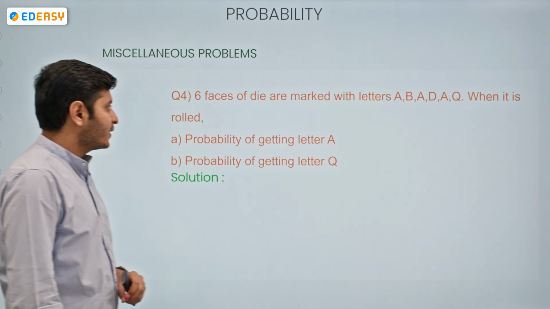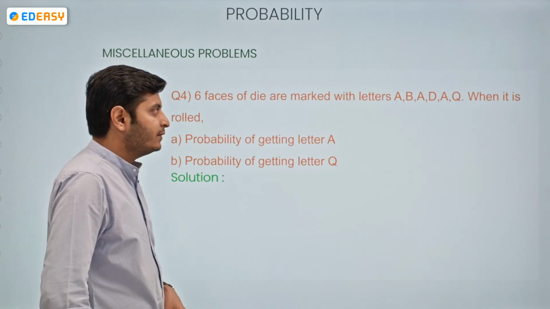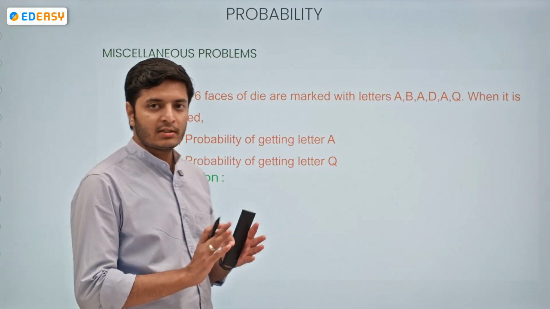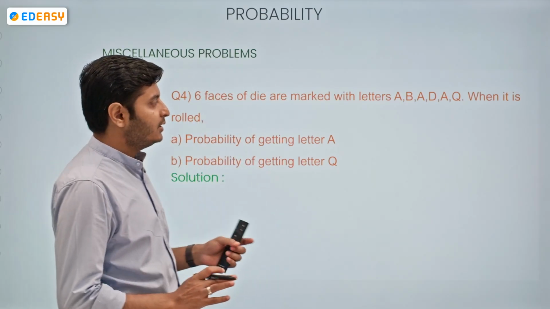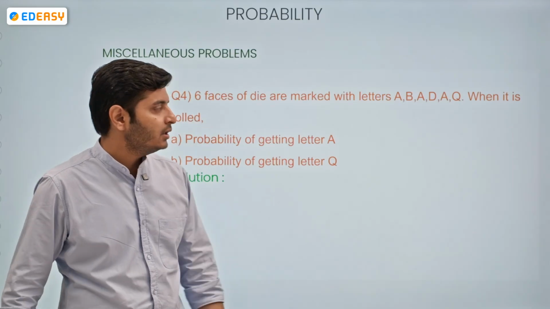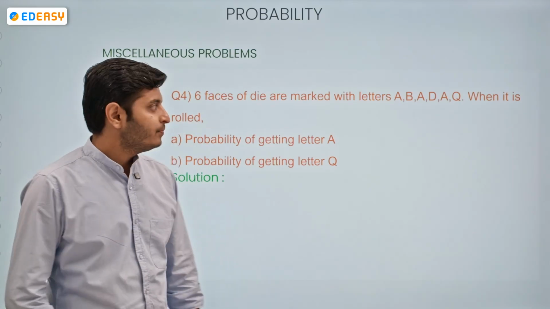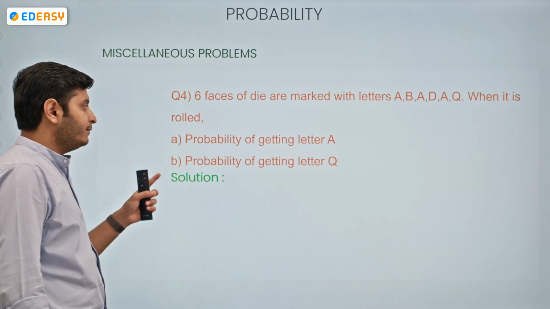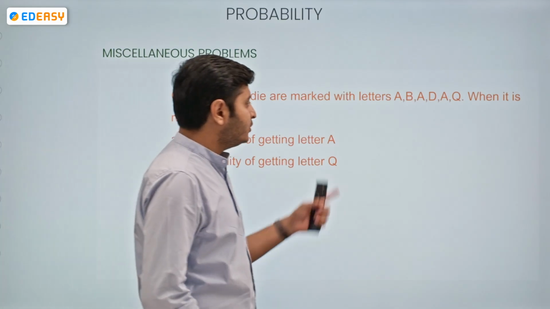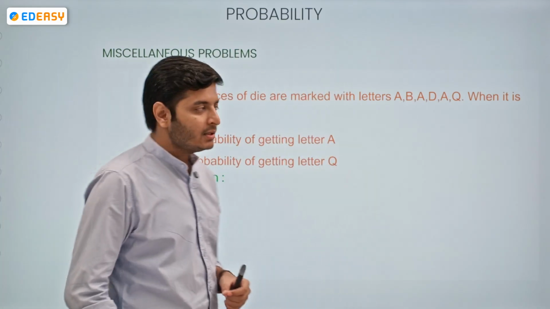In this problem, 6 faces of a die are marked with letters A, B, A, D, A, Q. Correct? So there are 6 faces of a die and they are marked with A, B, A again, then D, A again, then Q. When it is rolled, we need to find the probability of getting letter A. So the total number of favorable outcomes in this case are what?